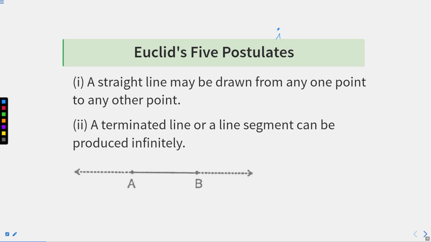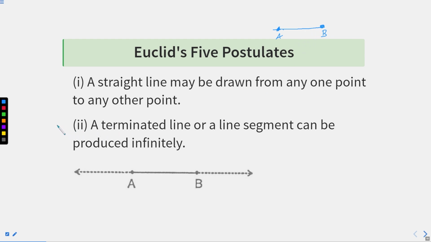I have a point A and I have a point B. If a straight line may be drawn from one point to any other point, so I have given two points, so I can easily draw it like this. So this will represent my line. If I don't represent it by an arrow, it is now a line segment because it has two endpoints. One is A and the second is B.